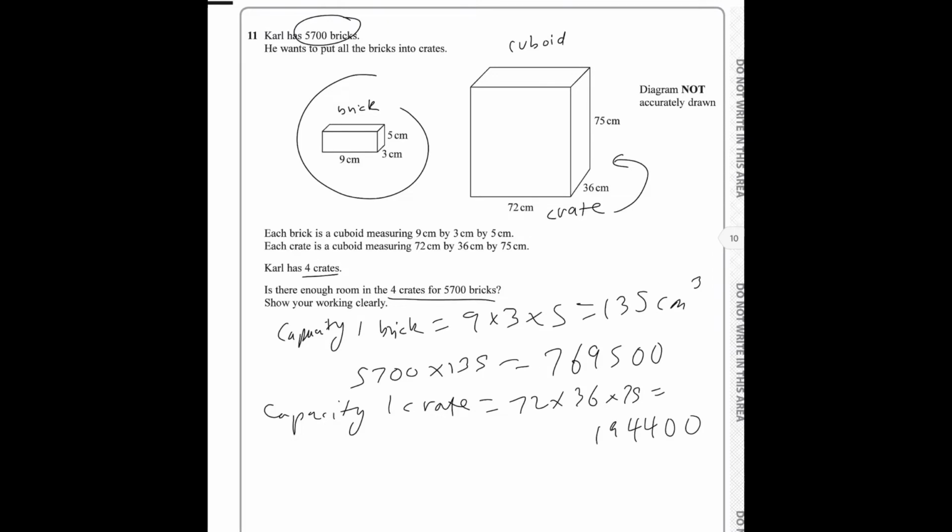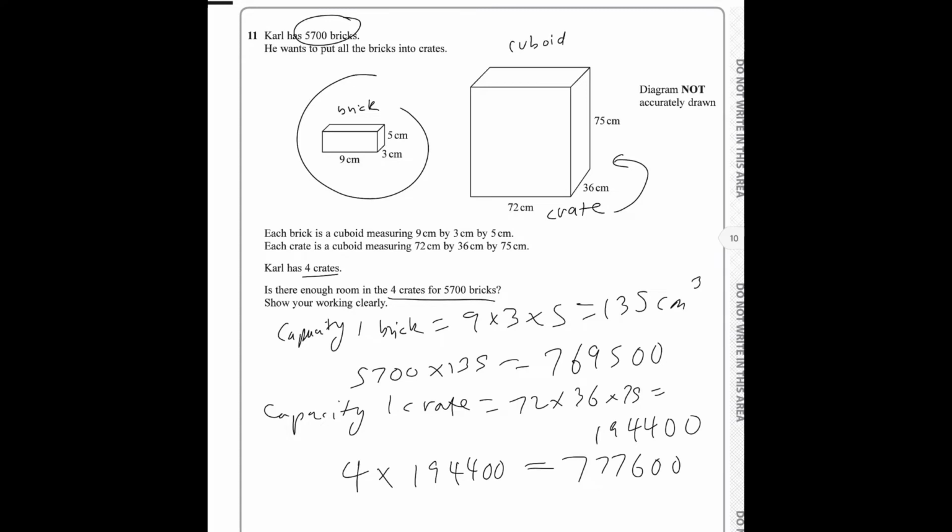194400. Based on this, since he has 4 crates, the capacity of 4 crates is 4 times 194400, which is 777600.